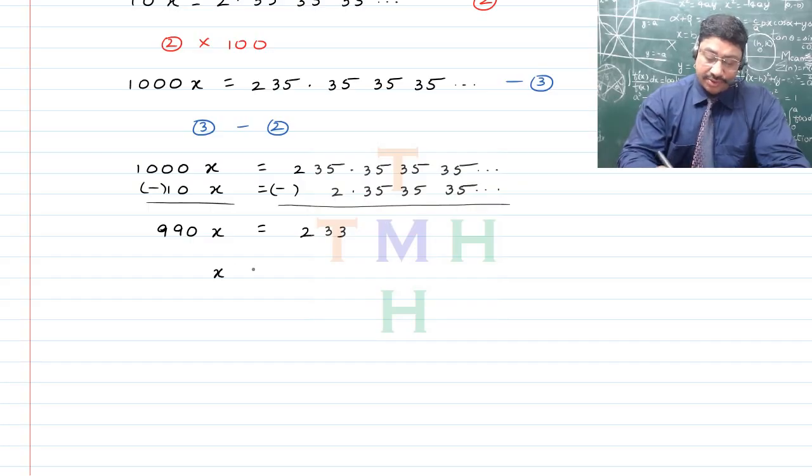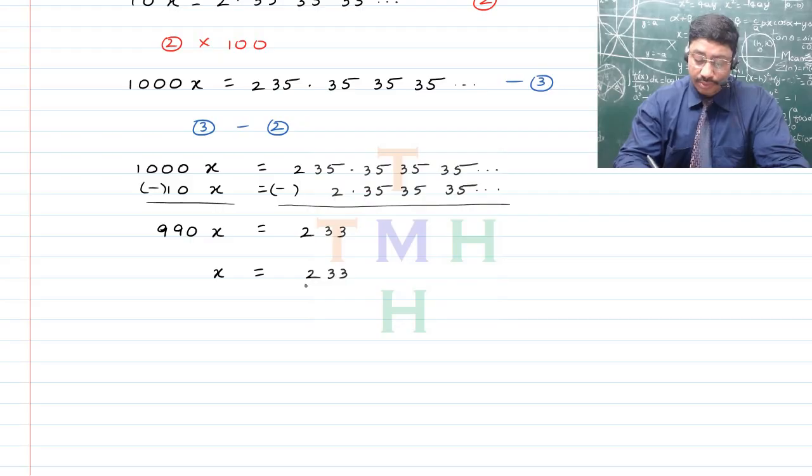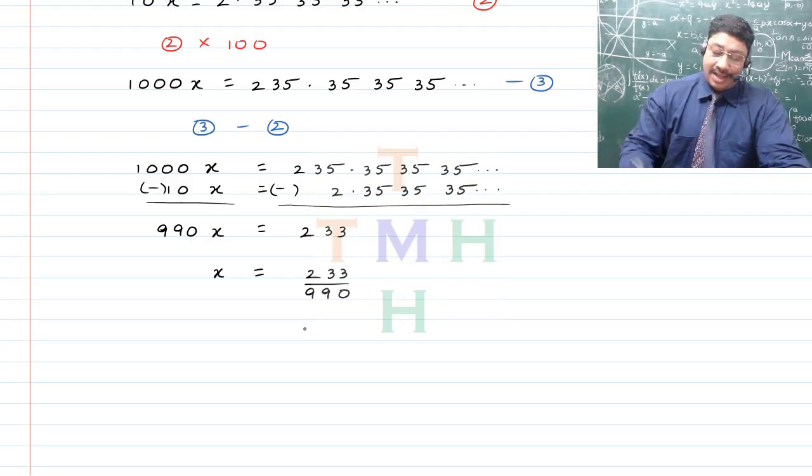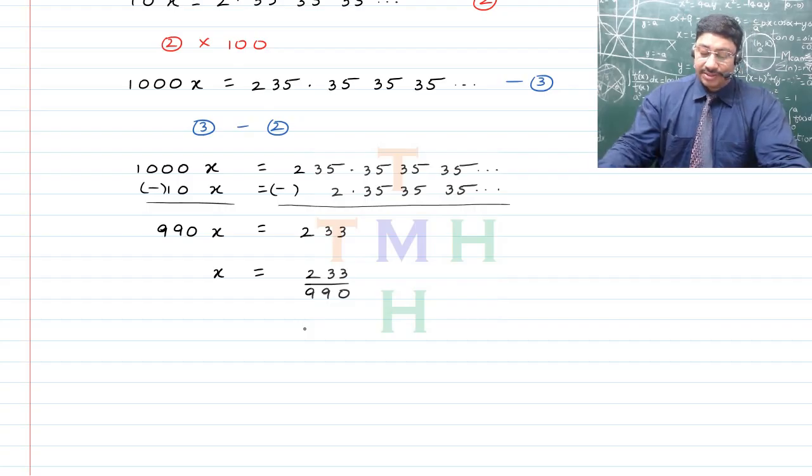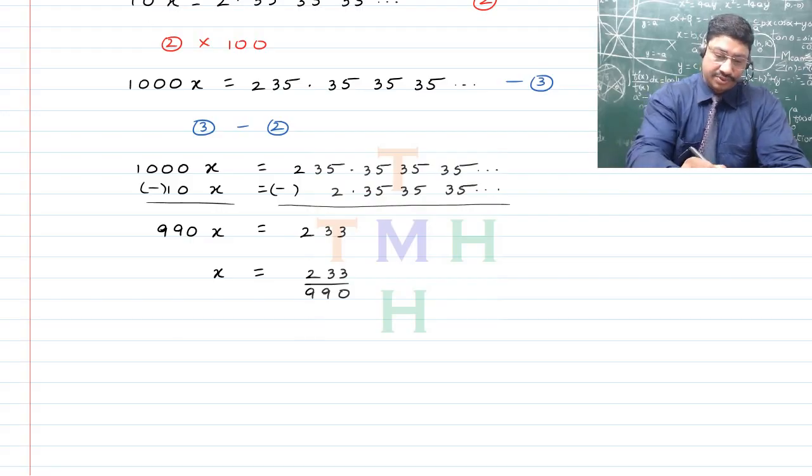Now further, children, next what you do is make x the subject of the equation, and it will become equal to 233 divided by 990. Now it seems there is no common factor, because we can't see any common factor with 2, 3 or 5, right? As such, for the time being, we will consider that this is actually the vulgar fraction which was required.